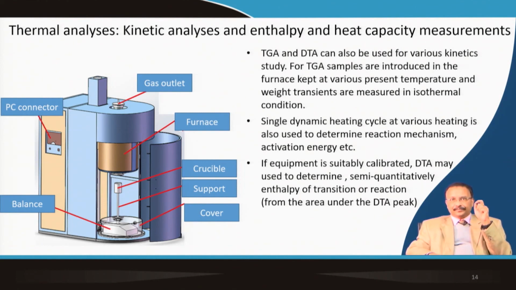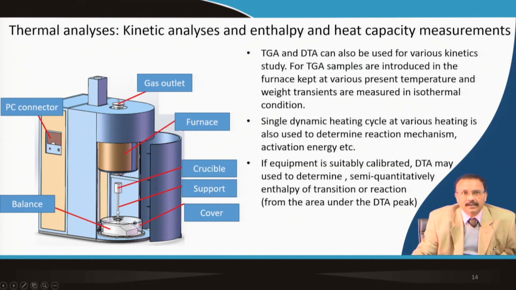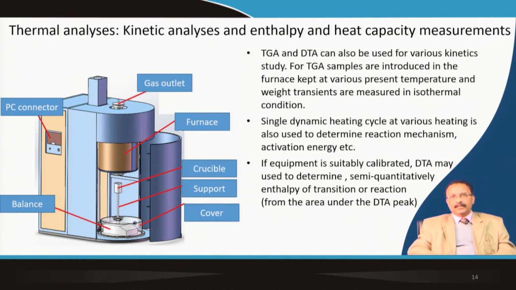For example, in TGA the material is directly inserted at a temperature where a decomposition reaction is taking place, and then you can start measuring the weight as a function of time, right. Various temperatures you can select and directly insert your sample right at that temperature, and the weight transient you can measure in isothermal condition, and this data can be used to determine various kinetic parameters of this reaction.